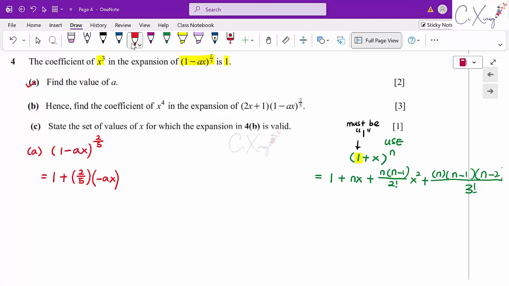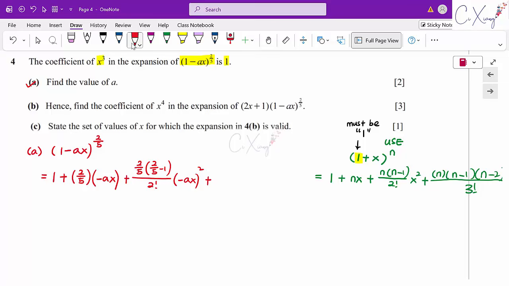Right? So nx. Then plus the next term is n minus 1 divided by 2 factorial, then x squared. So negative ax, you square it. So this is x squared.